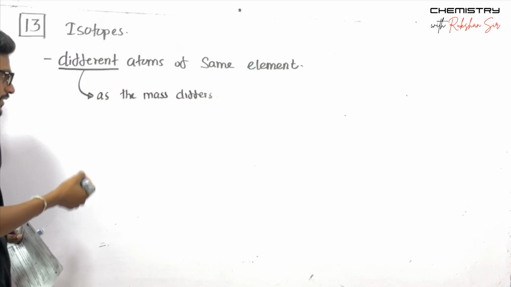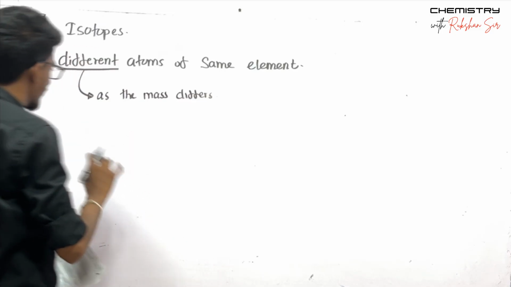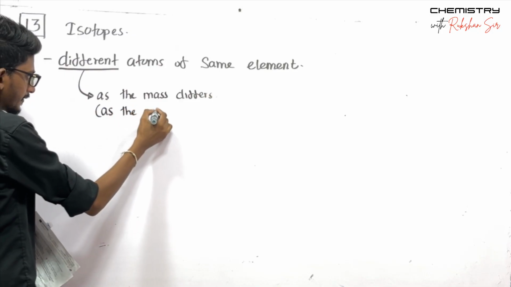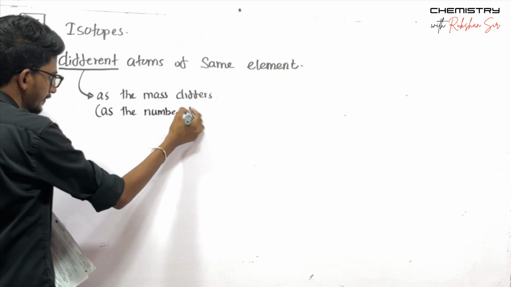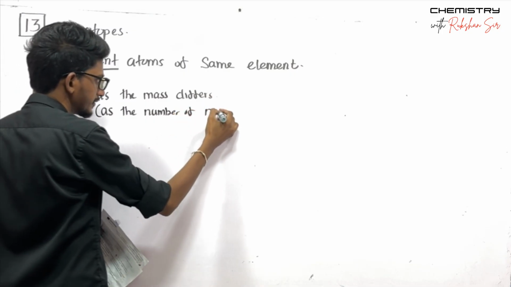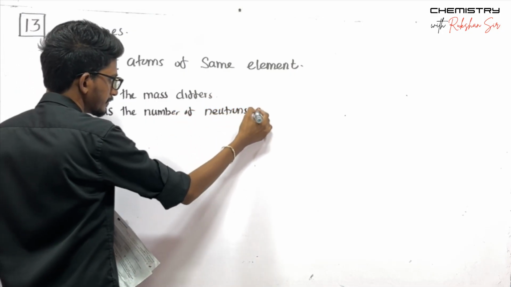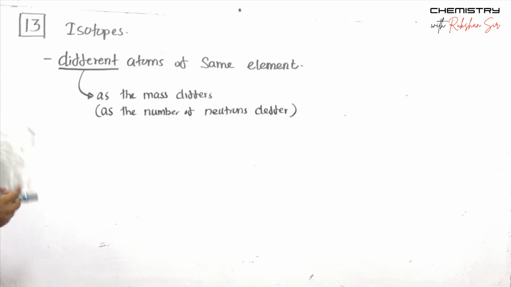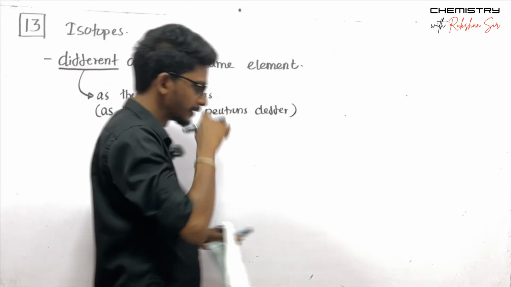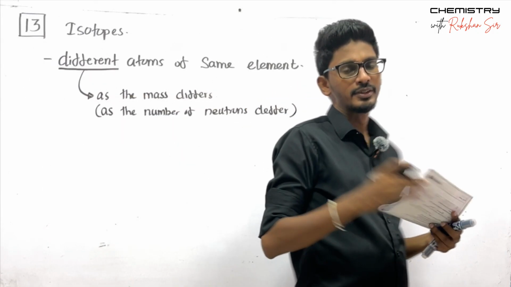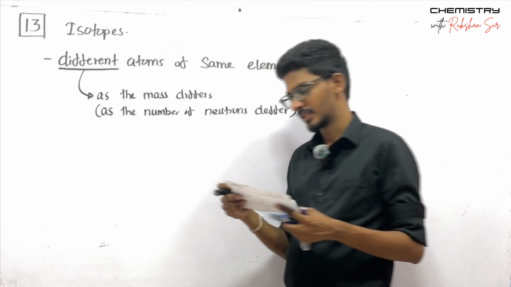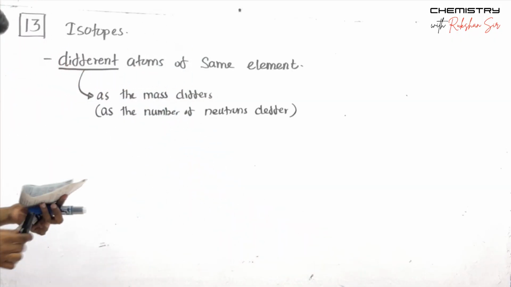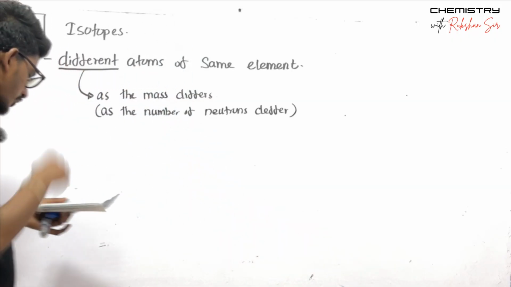That mass difference appears as the number of neutrons differs. That is why isotopes change with other isotopes of the same element.